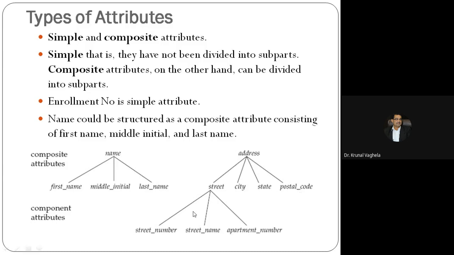Now street is also a composite attribute: street number, street name, apartment number, something like this. So an attribute which cannot be divided into subcategories is a simple attribute. If you can divide it into multiple parts, it is a composite attribute. Got it? Now, can anyone give me an example of simple and composite? One more example.